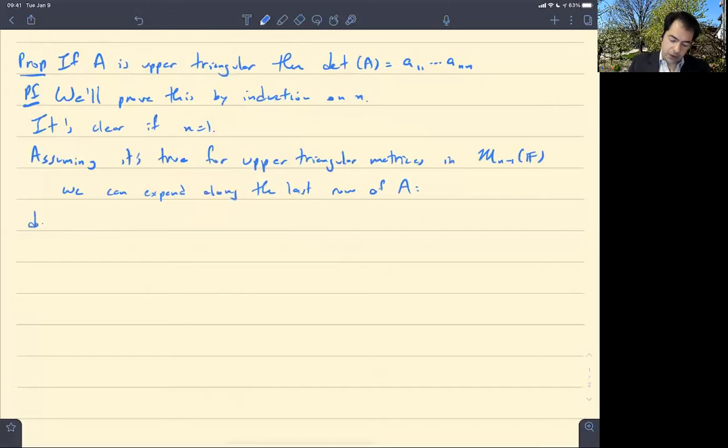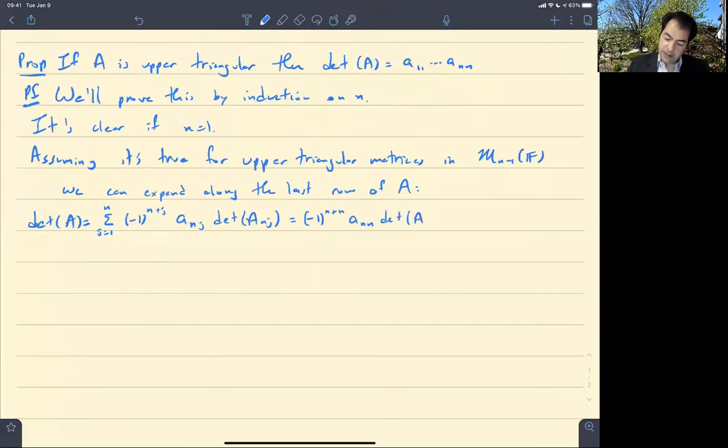So we get the determinant of A is equal to the sum, j goes from 1 to n, of (-1)^(i+j), and here I'm going to take i equal to n, so I'll have a_nj, and then the determinant of capital A_nj. Now, because all of these are equal to 0 except for the last one, I end up with (-1)^(n+n), a_nn, determinant of capital A_nn.